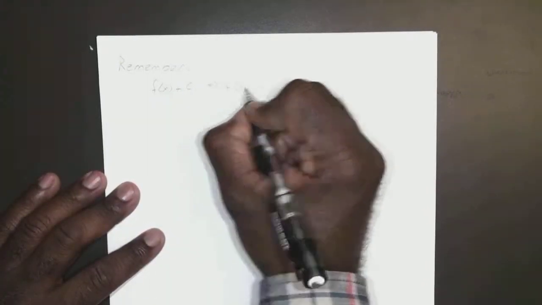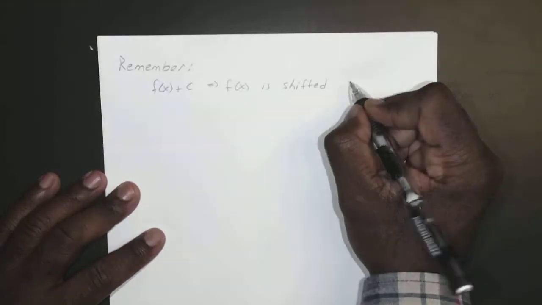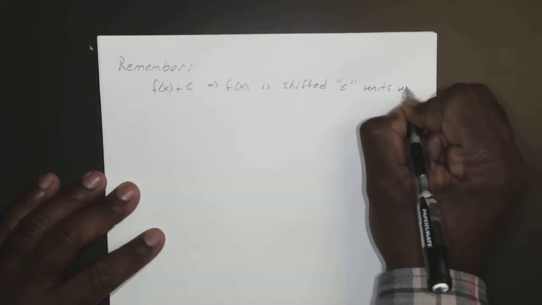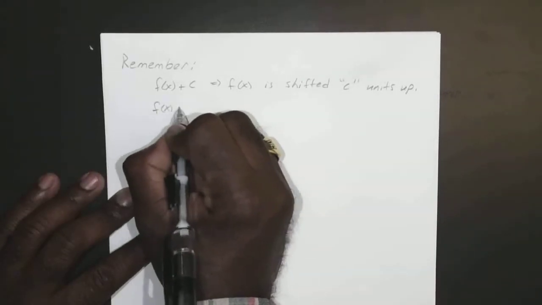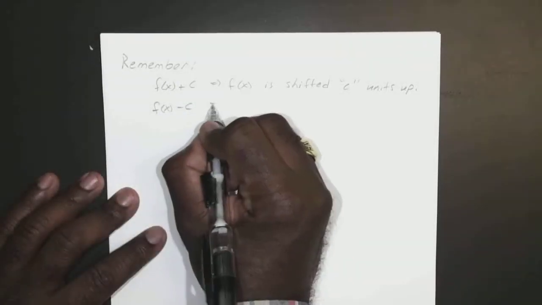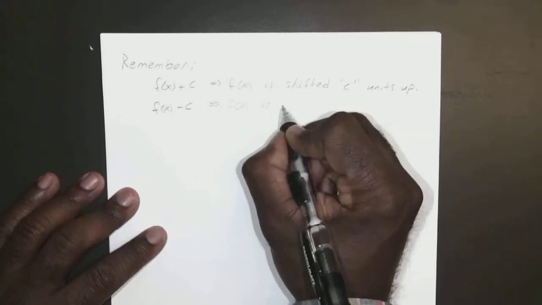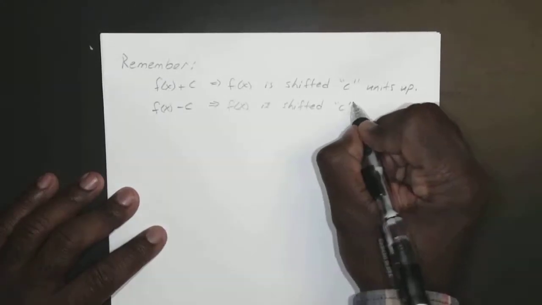that means f of x is shifted c units up. If you have some function of x minus c, that means that function is shifted c units down.